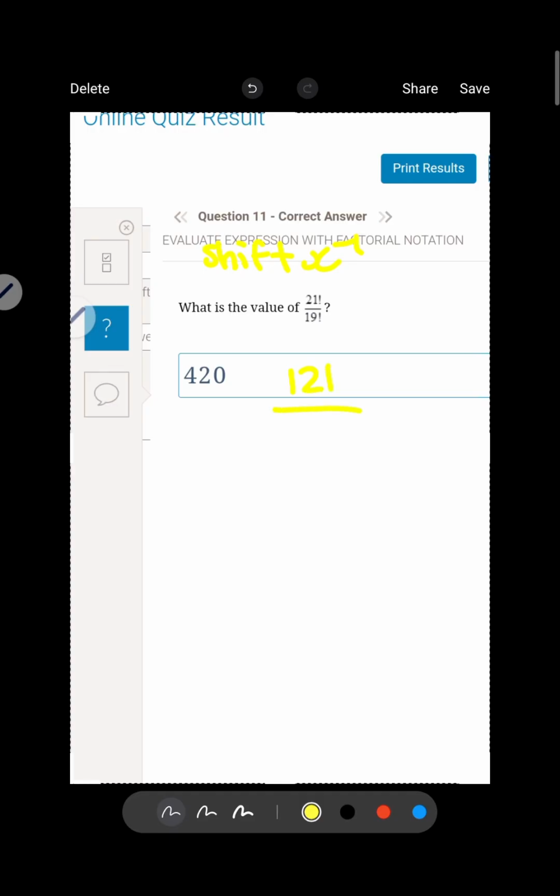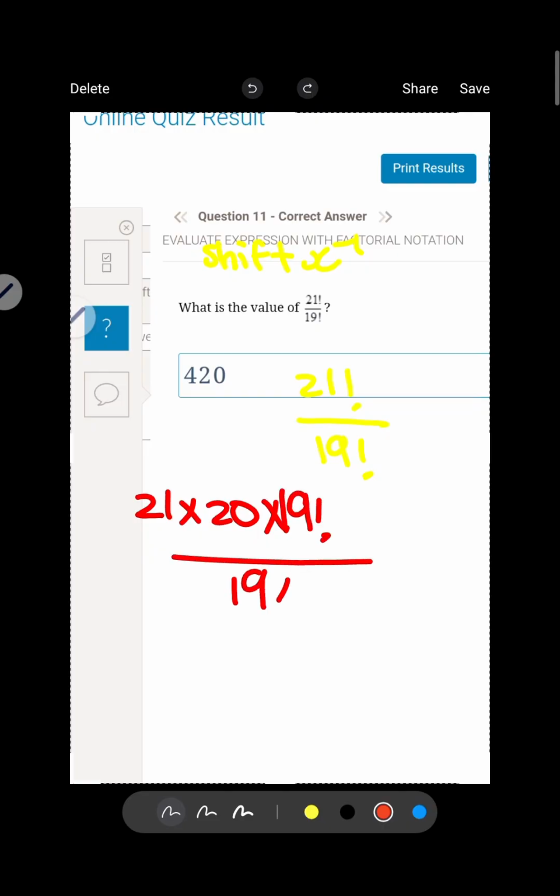221, sorry. 21 factorial over 19 factorial. Okay? What's that? You have to make 21 all the way to 19. So 21 times 20 times 19 factorial over 19 factorial.